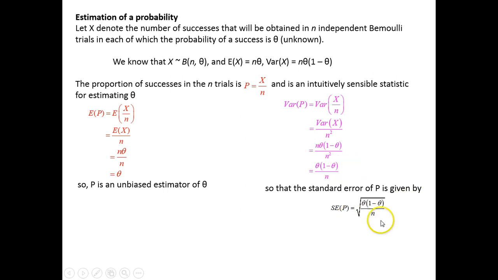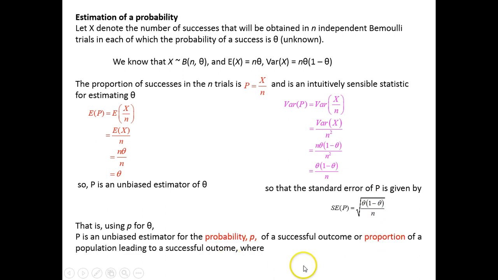If we are using P as an unbiased estimator for the probability of a successful outcome, or proportion, then P for the sample would be X over n, our little p, and the variance of P would be PQ over n. So that's our expected value and variance for an estimation of a probability.